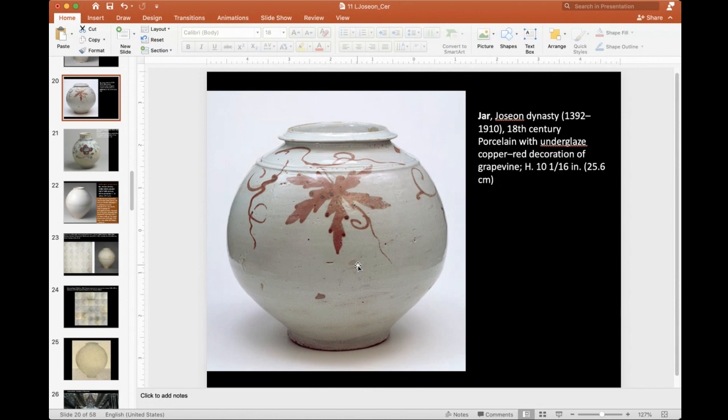And do you remember which occasion was good to have grapevine as a pictorial subject matter? This is one of the Korean art symbols, right? So on which occasion do you want to paint grapevine? Anybody remembering? The longevity, right?